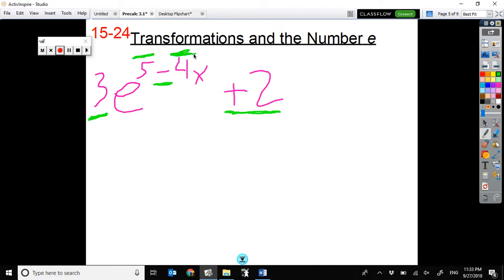And this 4 right here that's multiplied to the x tells me there is a horizontal compression by 1/4, because I had to do the reciprocal. So I can look at this and come up with my transformations. Again, the rules all work exactly the same way. They might look a little different, but they still work exactly the same way.